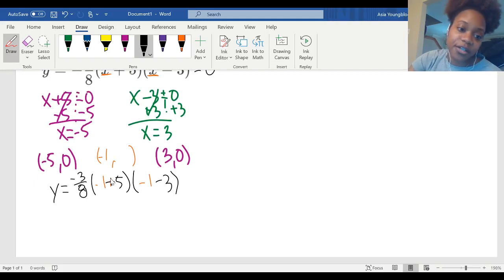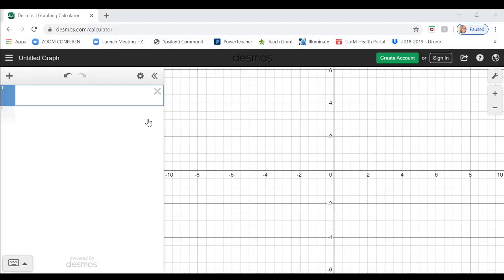So now we're going to solve this equation using our graphing calculator. So again, we're just typing in the function we just had. So that was -3/8 times -1 plus 5 times -1 minus 3.